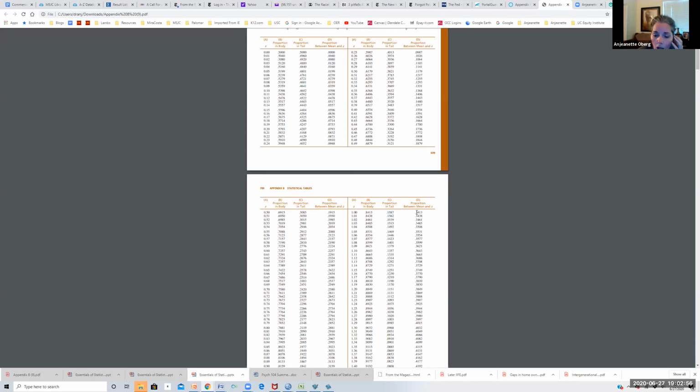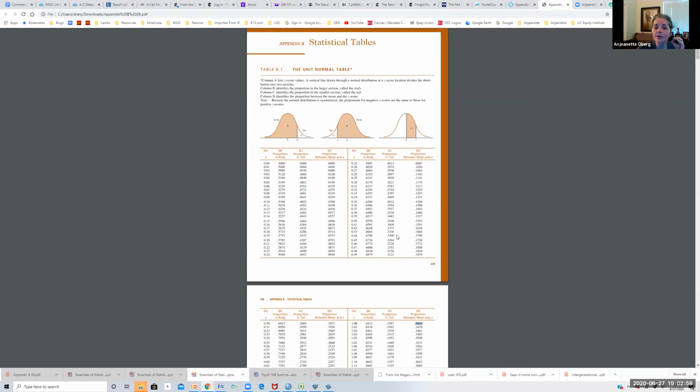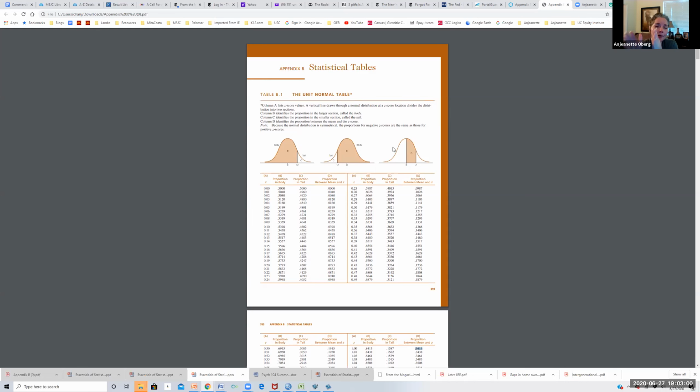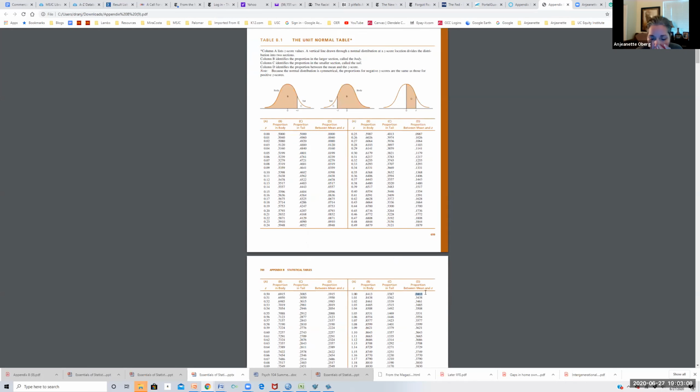I also have column D here that tells me the distance, what percentage of the pie is between the mean and the z-score. In our case, the z-score was 1. It's telling us that if I'm looking at the precise halfway midpoint of the pie, the mean, the amount of pie between the exact middle and the z-score of 1 is going to be 34.13%.